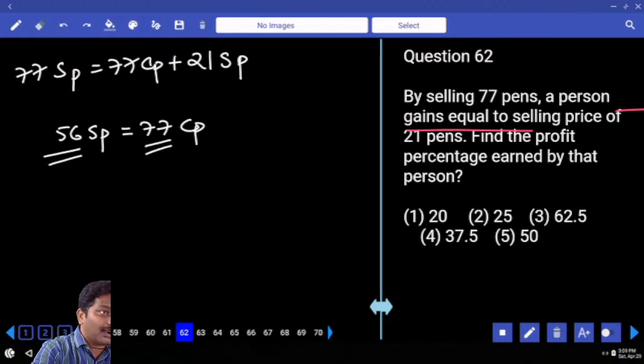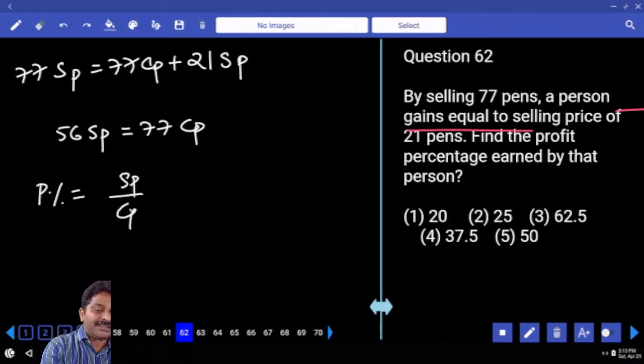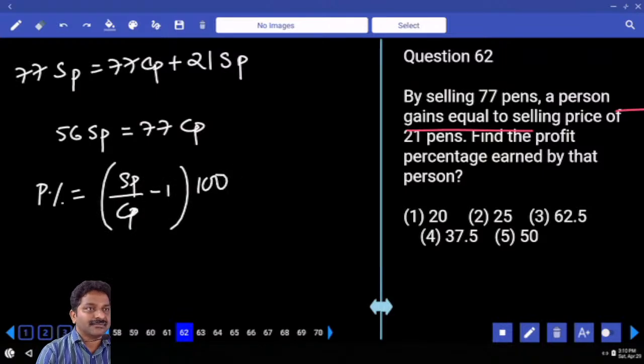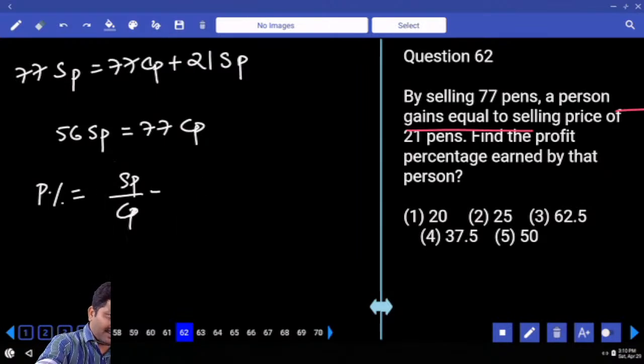Now after this step, if you want to calculate the profit percentage or the loss percentage, profit percent is equal to SP by CP minus 1 into 100. This is what you are supposed to use. Yes or no? I don't do that.